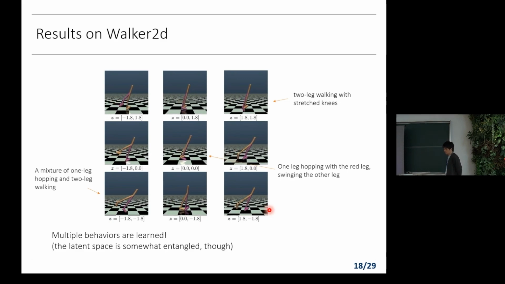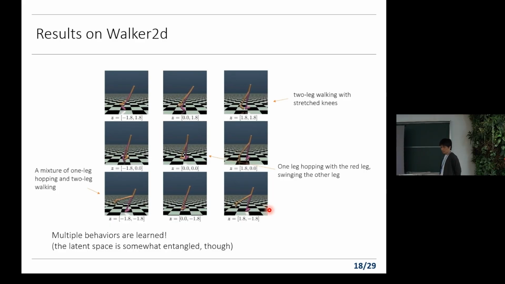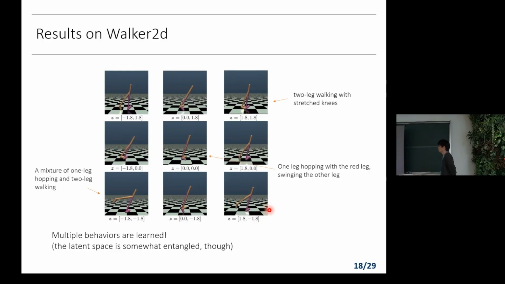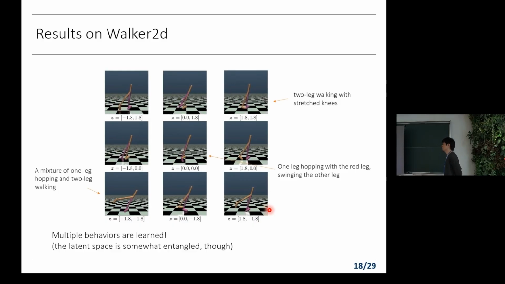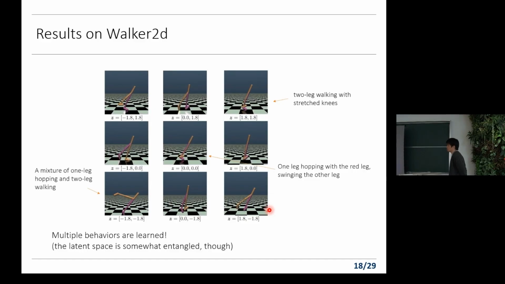Actually, the latent variables are a little bit entangled in the offline reinforcement learning setting, so it's not so easy to disentangle the latent space here. This is a bit of a challenging part. Probably if the dataset becomes more large-scale, we could have some problems like this in the future.